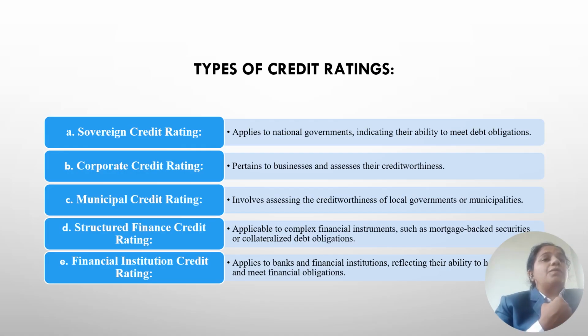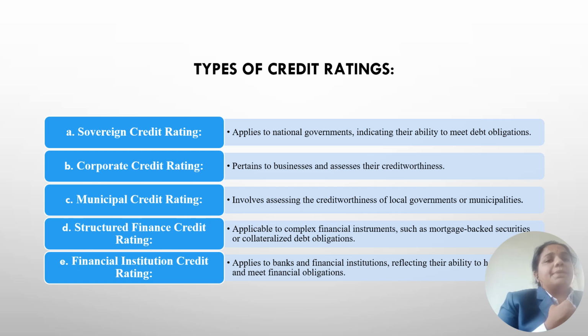Next are the types of credit rating. The sovereign credit rating is mainly applied to national governments, indicating their ability to meet debt obligations. Next is the corporate credit rating. It pertains to a business to assess its creditworthiness.